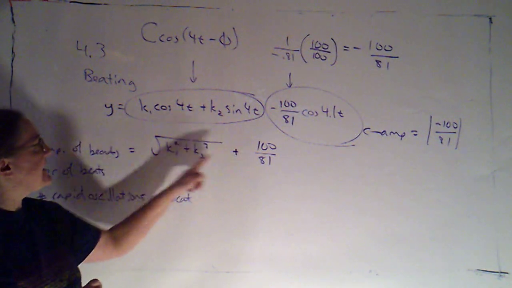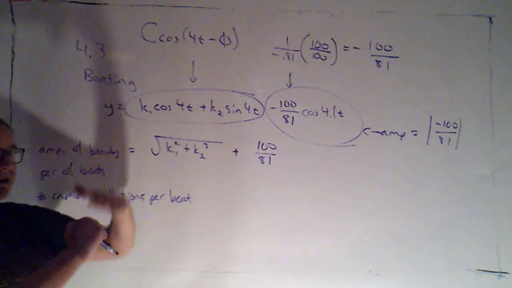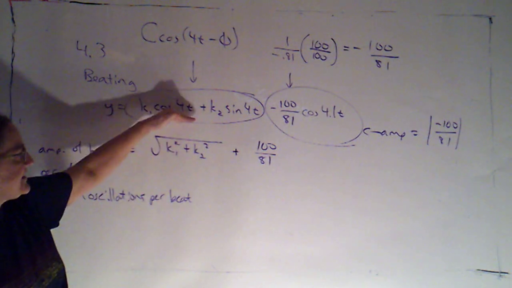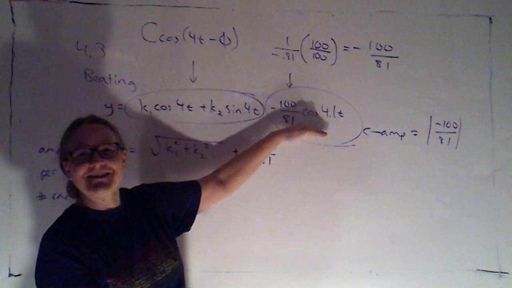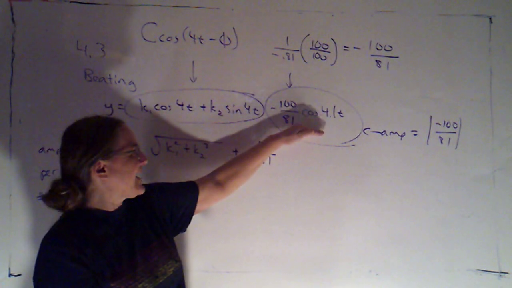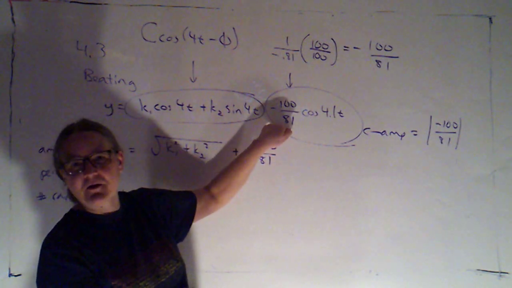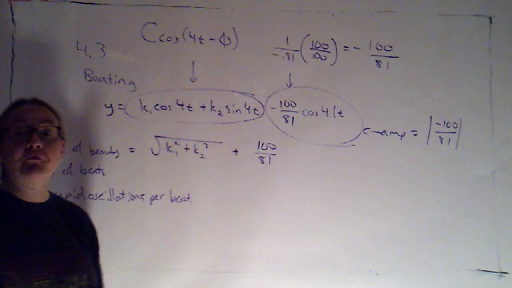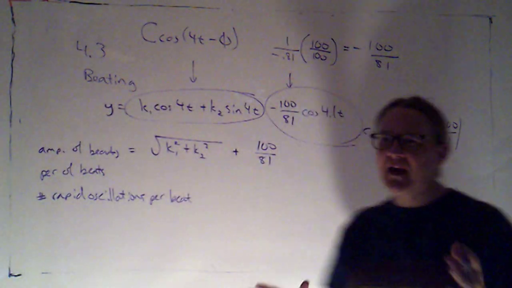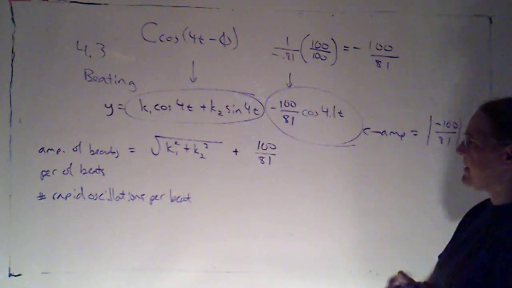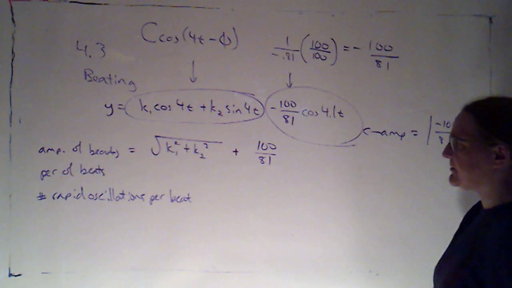The basic idea is that when there's beating, there's a point at which this is at its high point at the same time this is at its high point. And the high point here isn't negative 100 over 81, it's positive 100 over 81. So don't forget that absolute value. That was the big thing that people struggled with on the quiz that related to this.